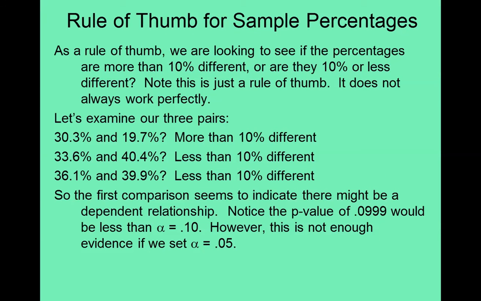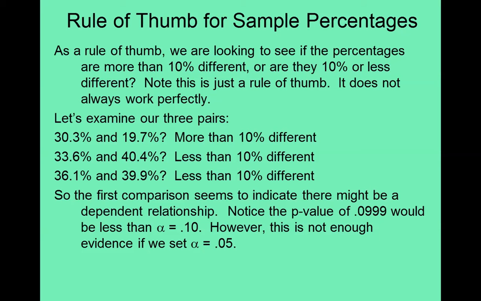As a rule of thumb, we're looking to see if the percentages are more than 10% different, or are they 10% or less different. This is just a rule of thumb. It really depends on the sample sizes and everything, but it doesn't always work perfectly. But let's examine our three pairs. 30.3 and 19.7% are a little more than 10% different.